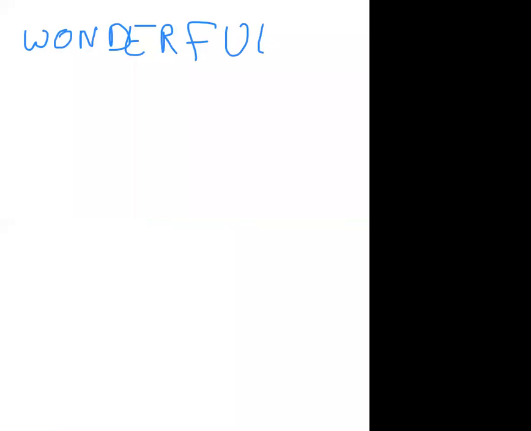Wonderful. How many 4-letter words, with or without meaning, can be formed out of the letters of the word WONDERFUL, if the repetition of the letters is not allowed?